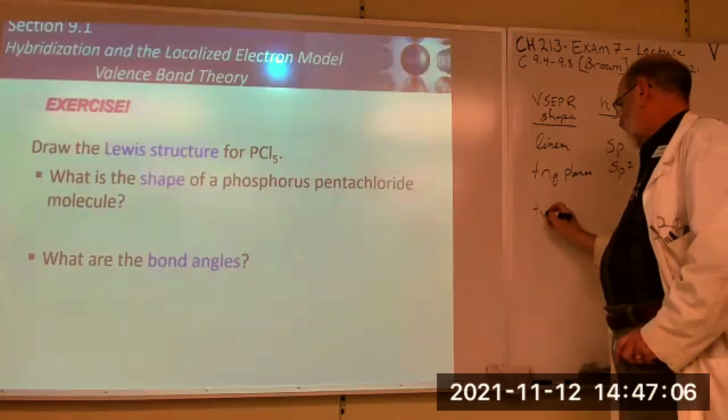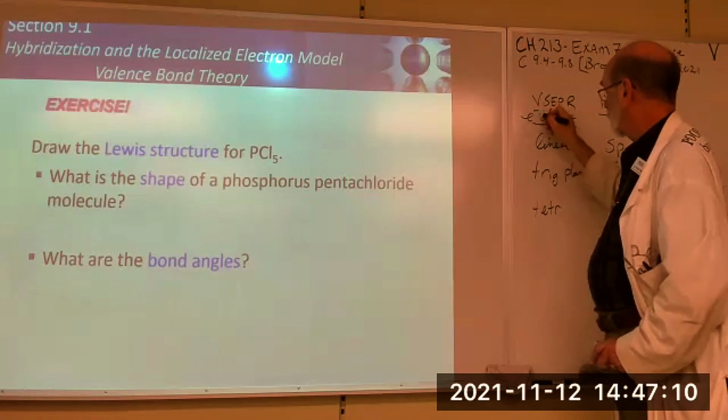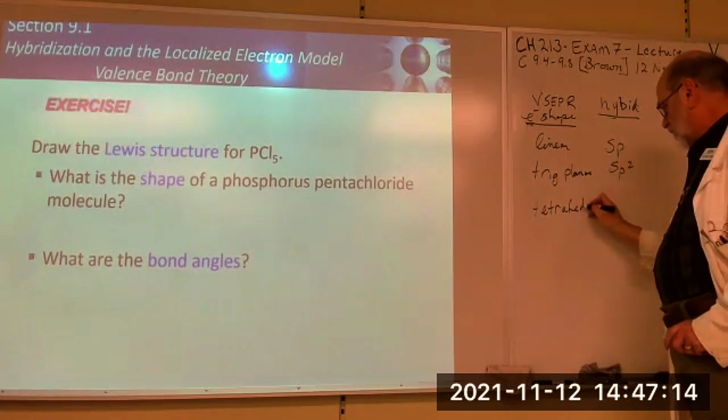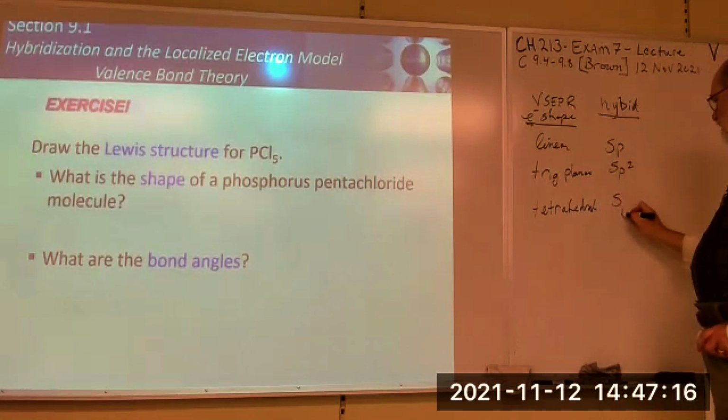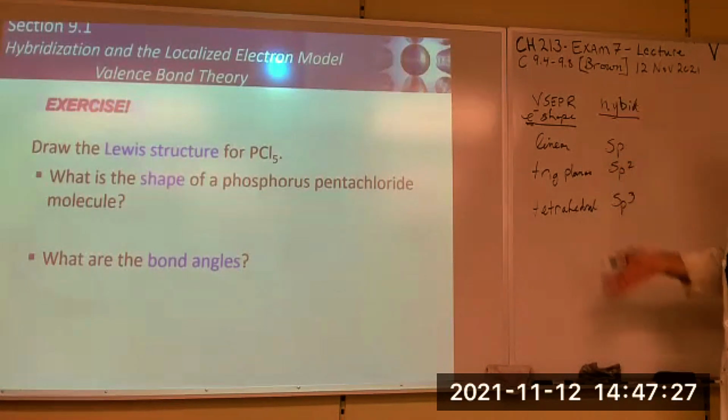And if we have tetrahedral, this is electronic shape, tetrahedral, we have sp3 hybridization. That doesn't cover everything we've looked at in VSEPR, does it?